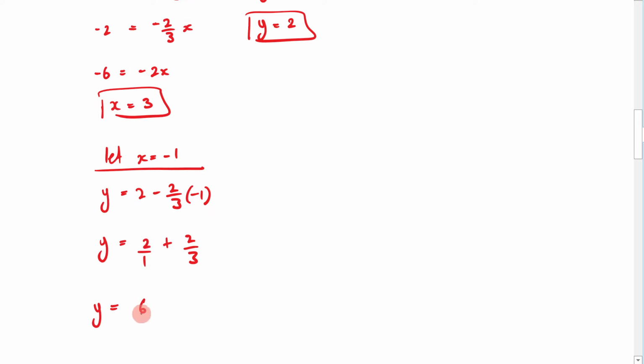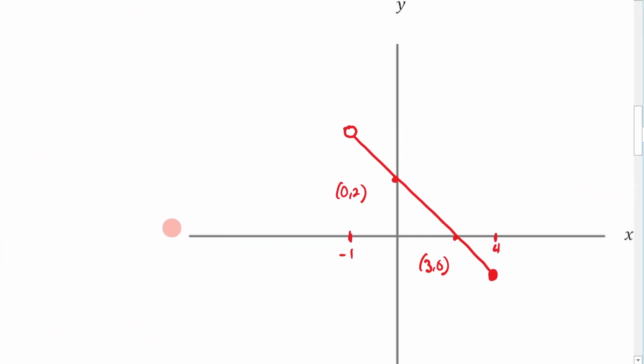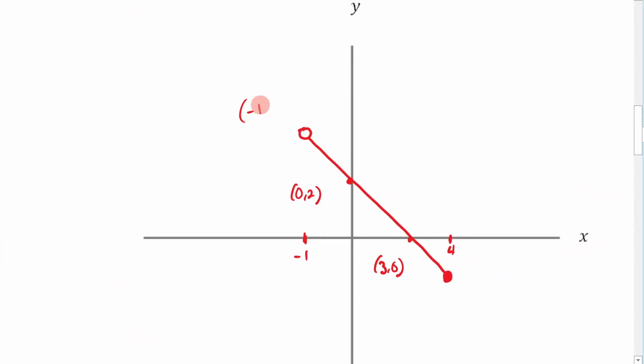So it's going to be 6/3 plus 2/3, which is 8/3. Then we can come over here and I can say when x is -1, I get 8/3 out. So that means that my y value is 8/3.